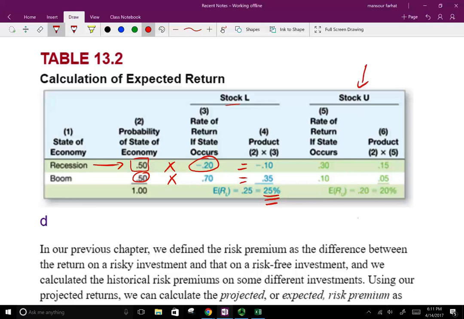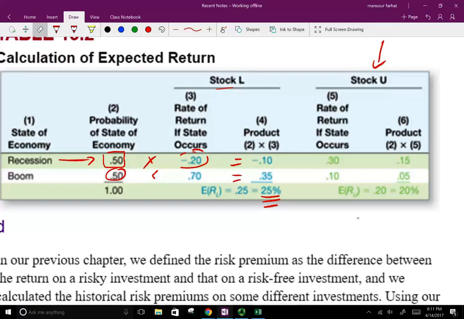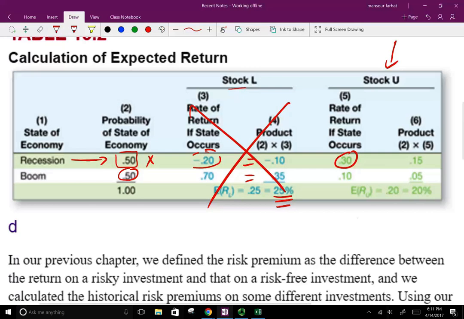Stock U now, the other stock, again, the probabilities are 50%, so we're done with stock L. We'll take 50% times 30% in a recession. It seems this is a defensive stock. We are expected to earn 15%, with a 50% chance of a recession happening.